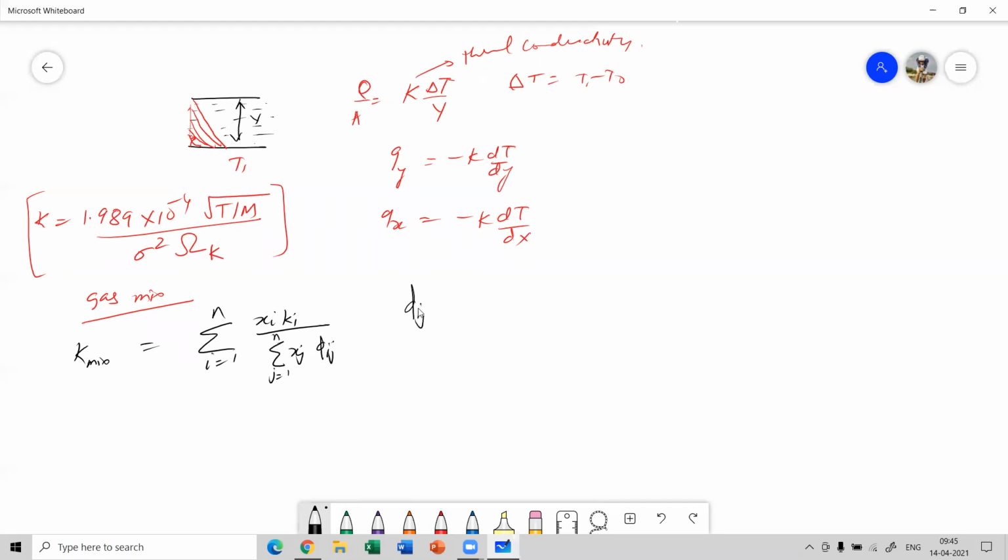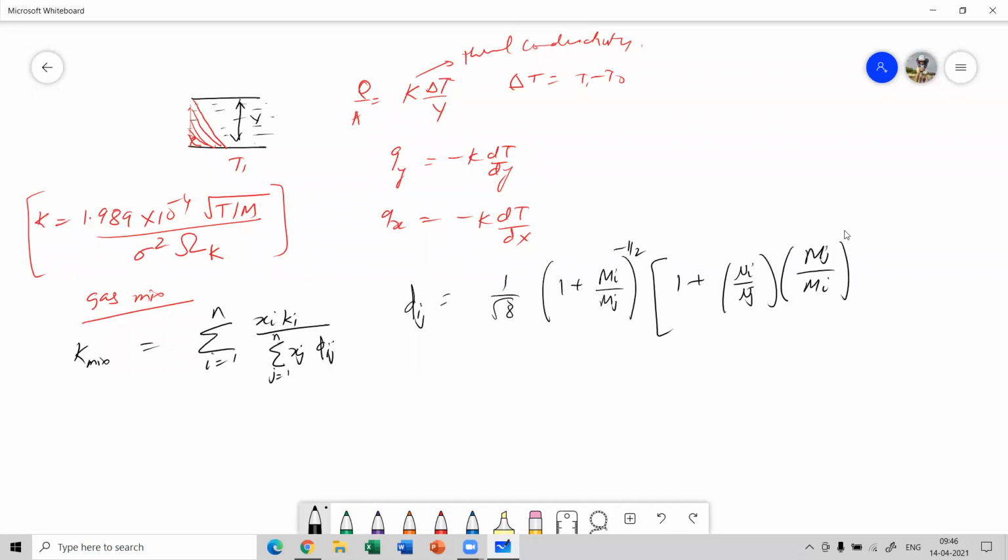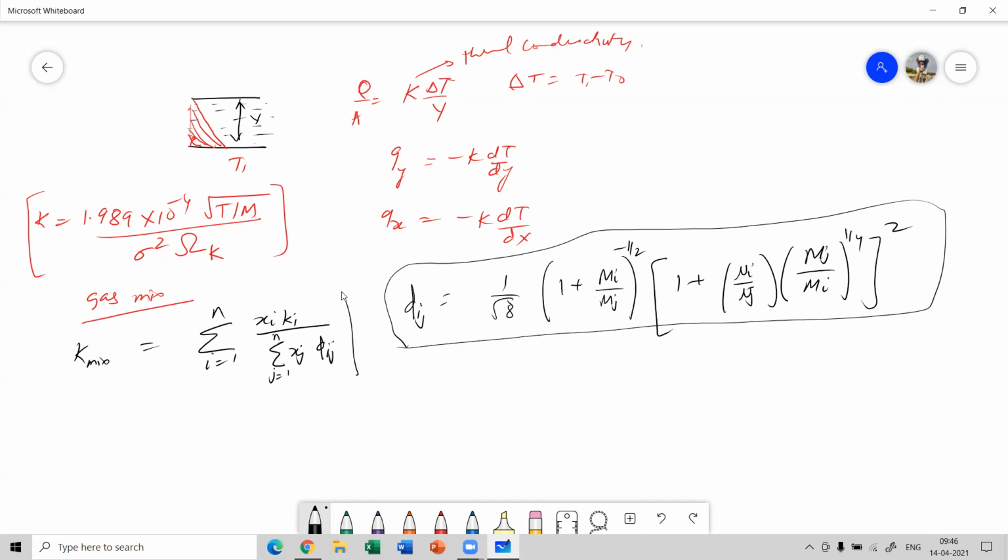So phi ij, similar to what we derived for viscosity, is 1 by root 8, into 1 plus Mi by Mj raised to the power minus half, into 1 plus mu i by mu j into Mj by Mi raised to the power 1 by 4, whole squared. So the one which we did for viscosity of gases can similarly be used for thermal conductivity of gas mixtures. It's a similar thing.